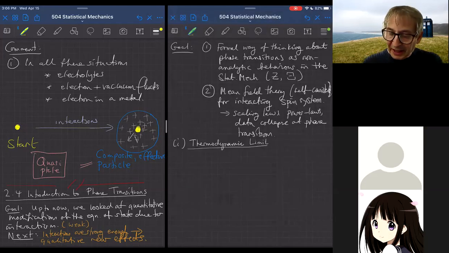Well, the answer is yes, but the point that we're going to make here is that phase transitions are only well defined in the thermodynamic limit. So another way of saying it is phase transitions do not exist except in the thermodynamic limit.